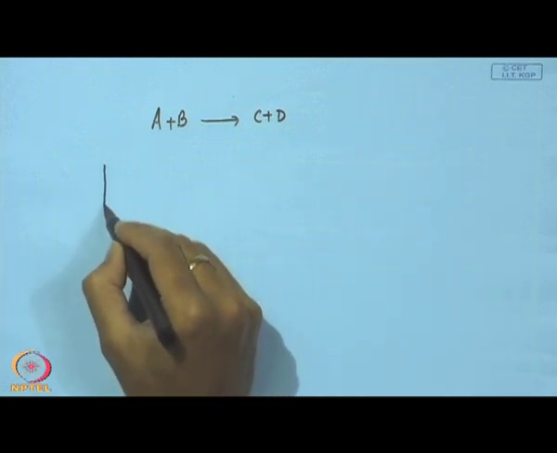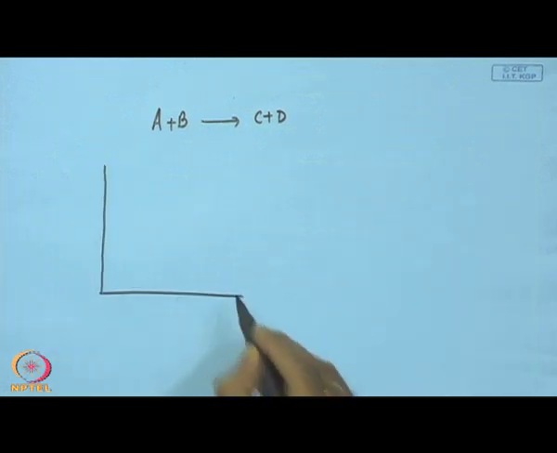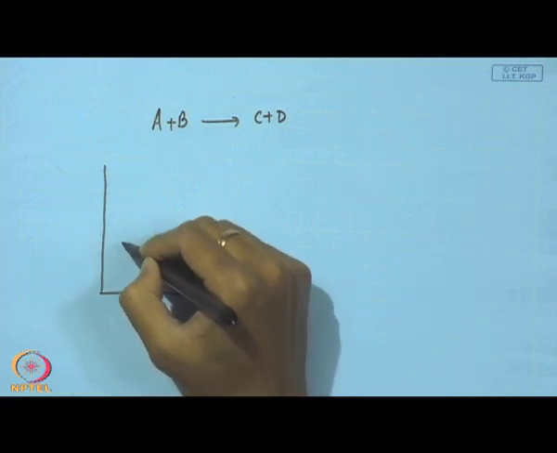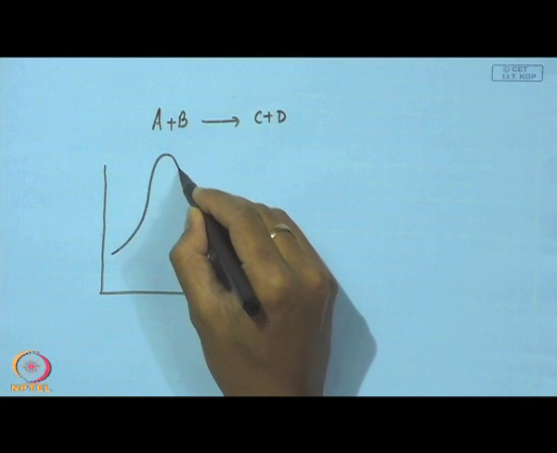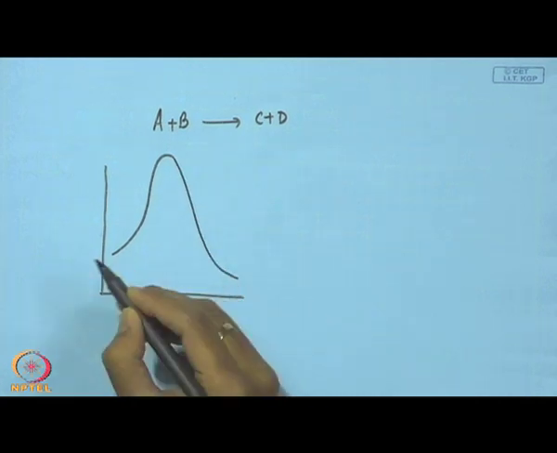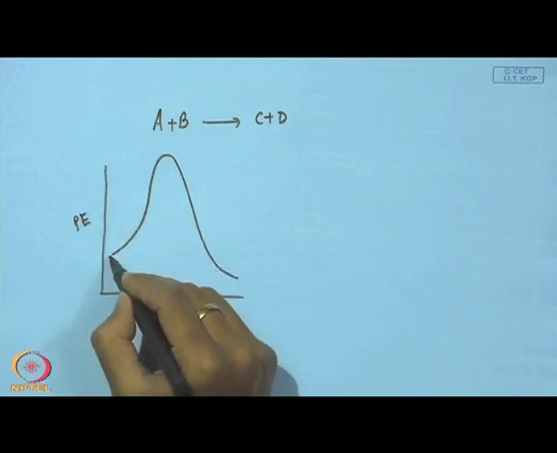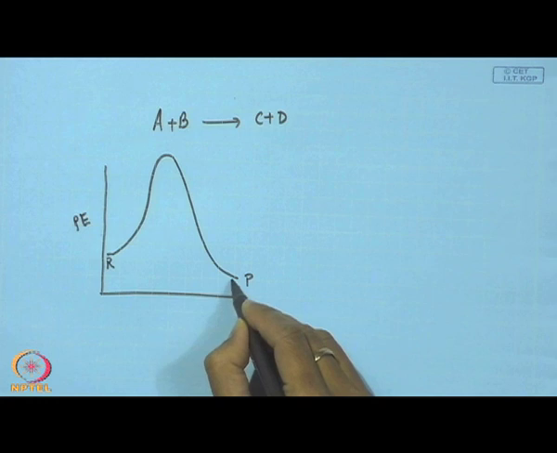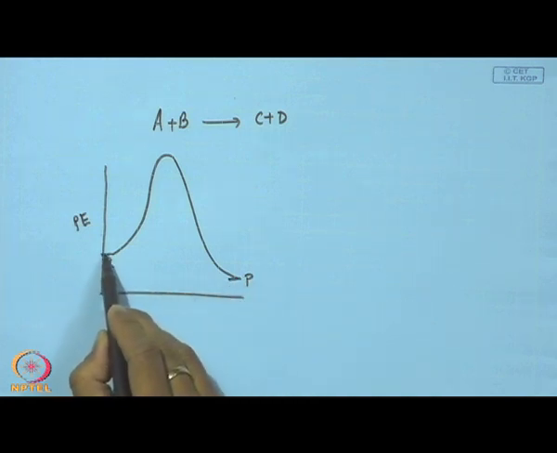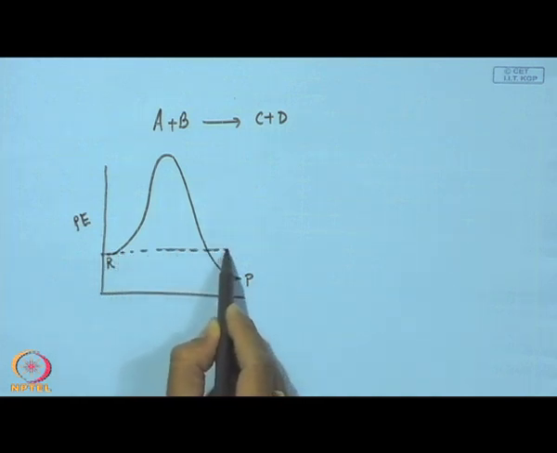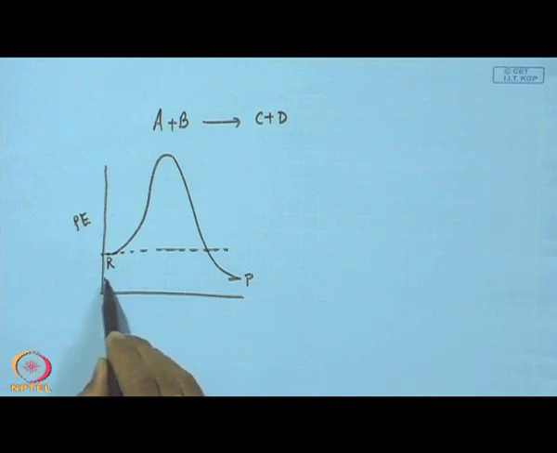So, in terms of activation energy, maybe you can draw an energy level diagram, where this is the potential energy of the system, this is your reactant, and this is your product. So, the reactant state is located here and the product state is located here.